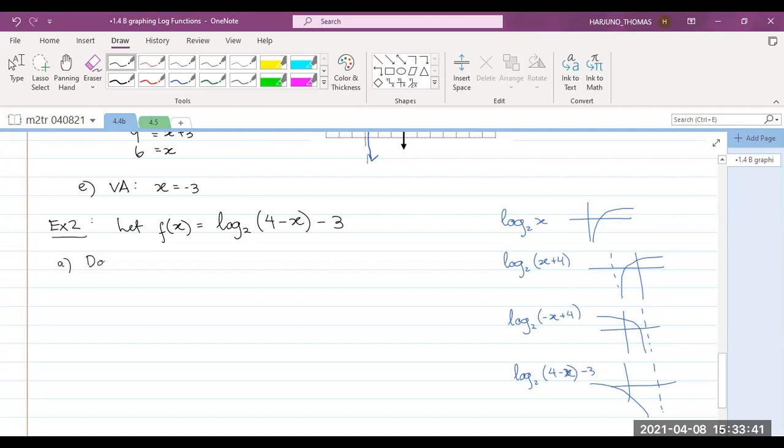What's the domain? Remember, the argument of a log has to be strictly positive. In other words, 4 minus x has to be strictly positive. So the domain is from negative infinity up to 4. The range, however, originally all real numbers, now stays all real numbers.